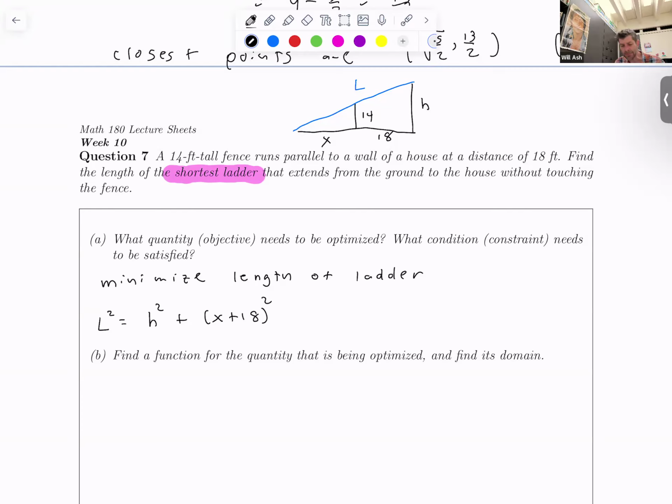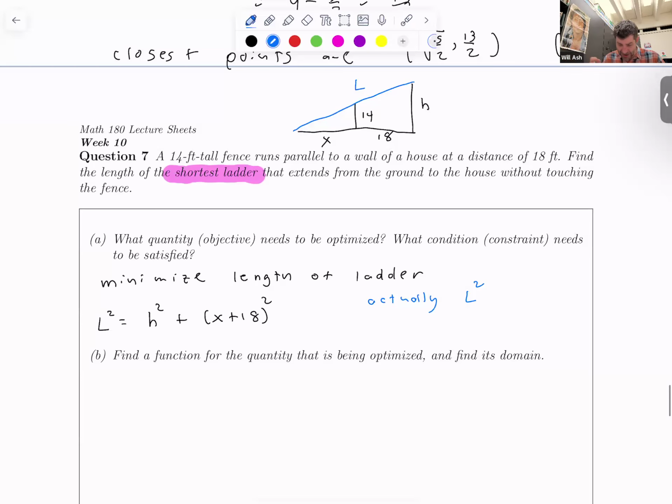And again, like in the previous problem with the parabola, I'm going to minimize L squared, not L, because then I don't have to deal with the weird square roots and everything like that. At the end of the day, when I find my value, I've just found L squared, so then I just take the square root to get the actual length of the ladder.